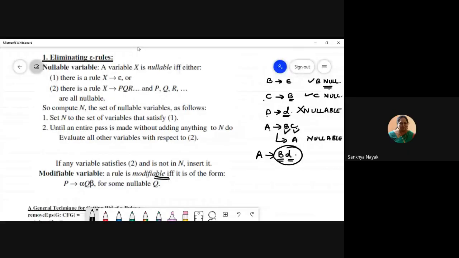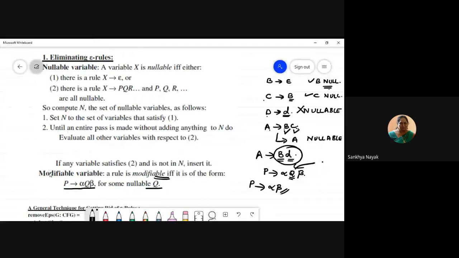If you have an equation like this, and let us say Q is nullable. See here, if you have something like this, then I can modify this by not having that Q. I can say alpha beta. Okay, I can leave that. Whatever is nullable, you can leave that. These are the basic rules.